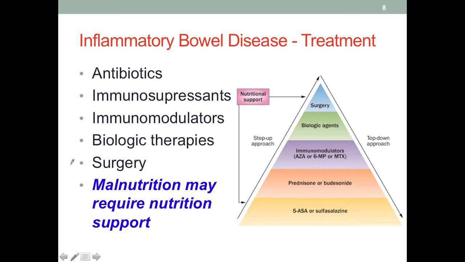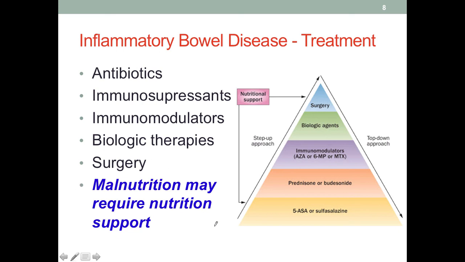For certain cases, parts of the GI tract may have to be surgically removed, or if there's a fistula, or if one causes an obstruction, then we may have to use surgery to relieve the obstruction. Also, malnutrition is not uncommon, and because there is altered GI function in IBD, we will often have to prescribe nutrition support, either enteral or parenteral nutrition, or sometimes both.